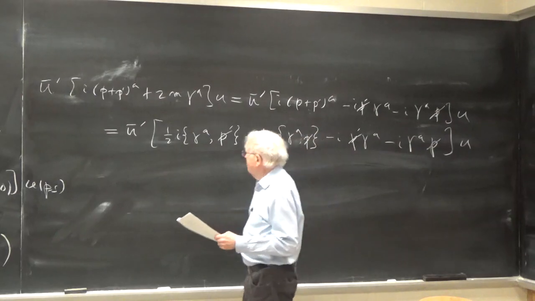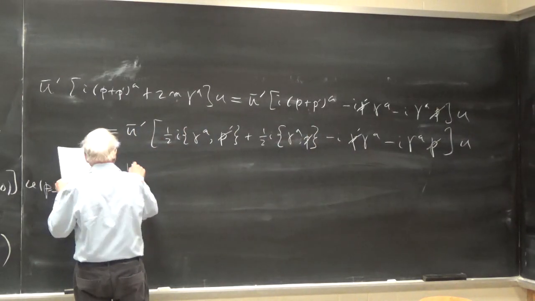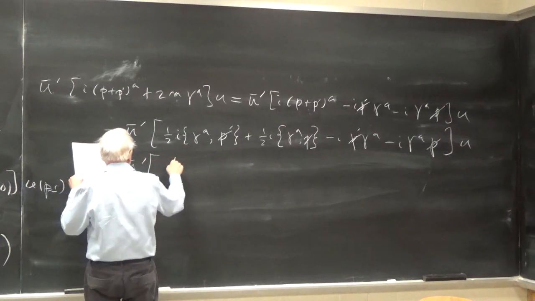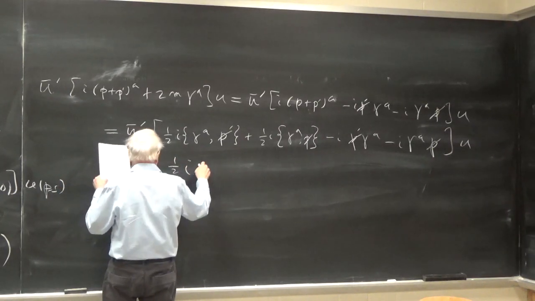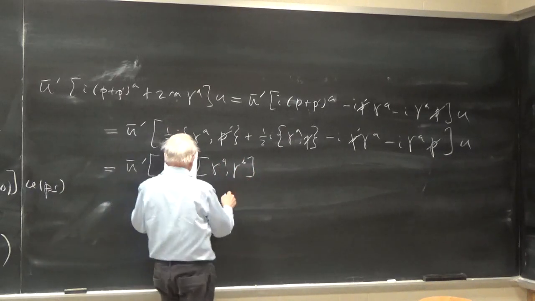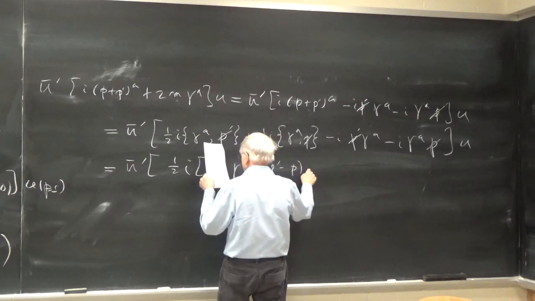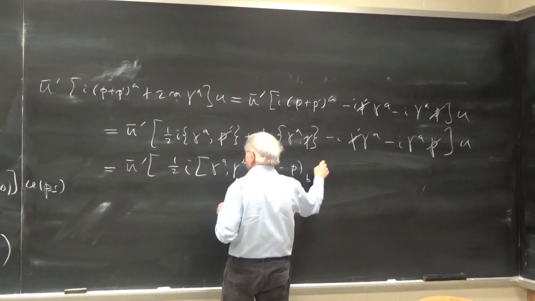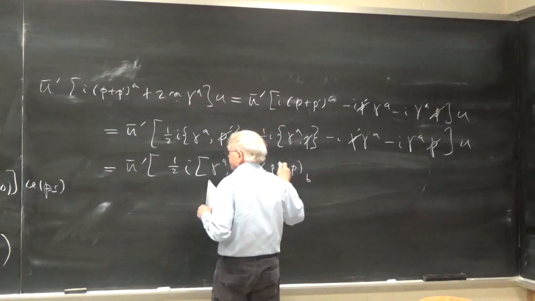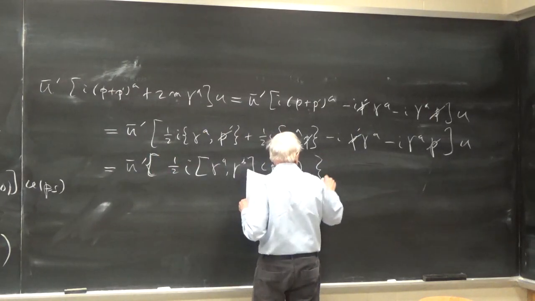All right, now if we combine these together, we can see that this is actually ū' 1/2 i commutator of γ^A with γ^B times (P′ minus P)_B u.